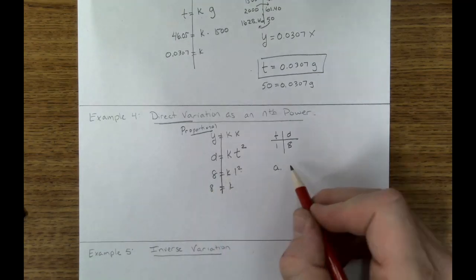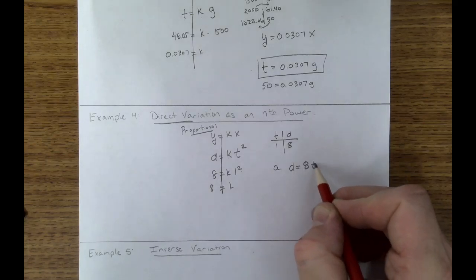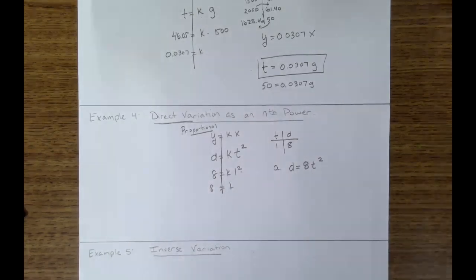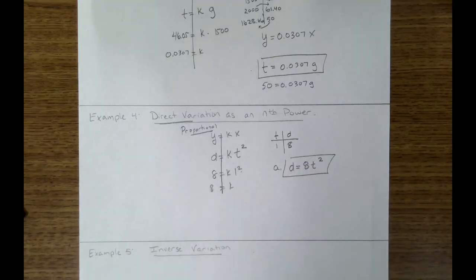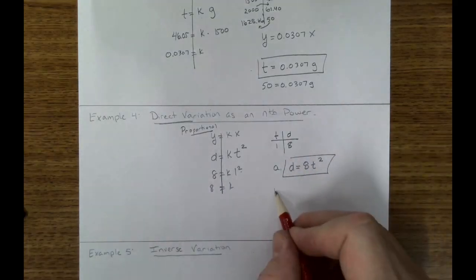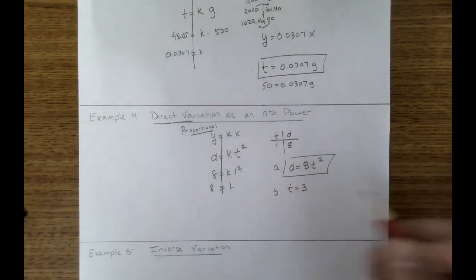Here's part A. I have the equation. The distance is equal to 8 times time squared. There's my equation. I figured out what k is. Now the question on part B says, well, what if time is equal to 3?